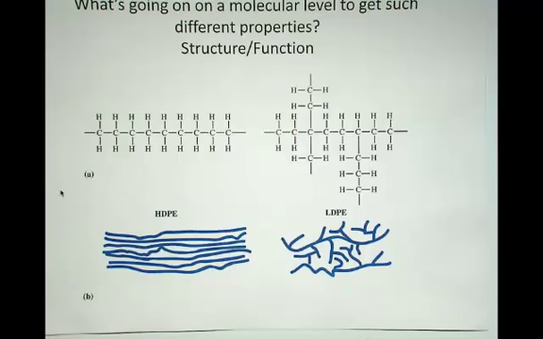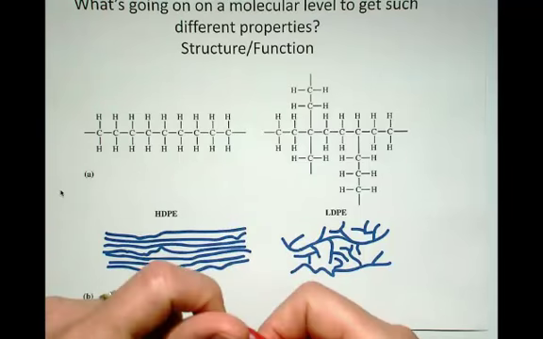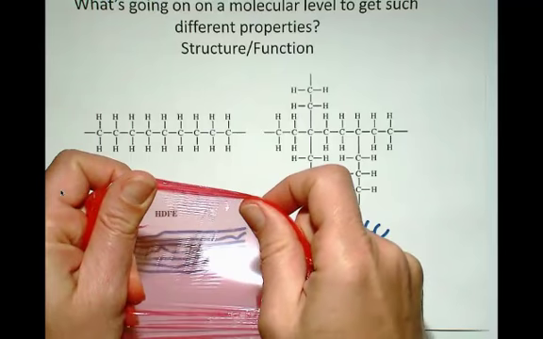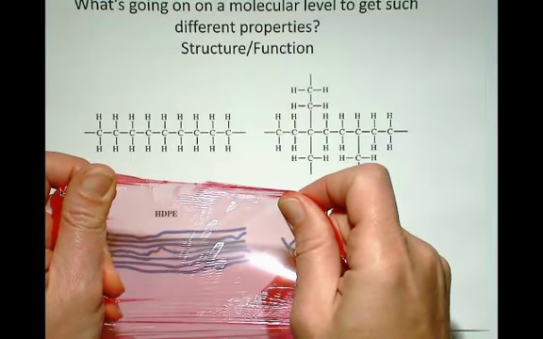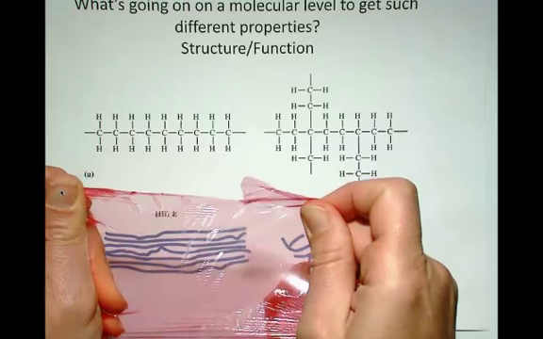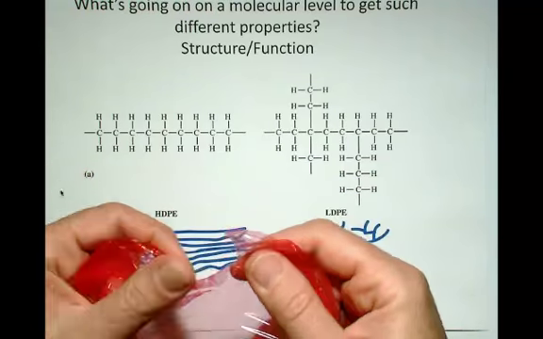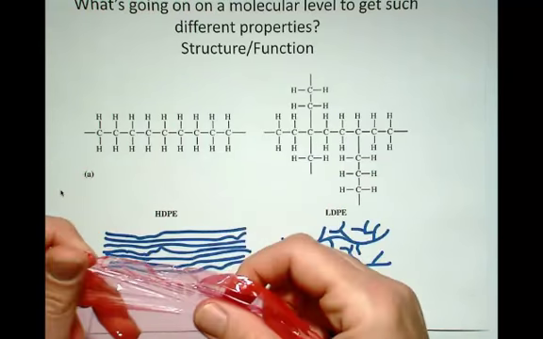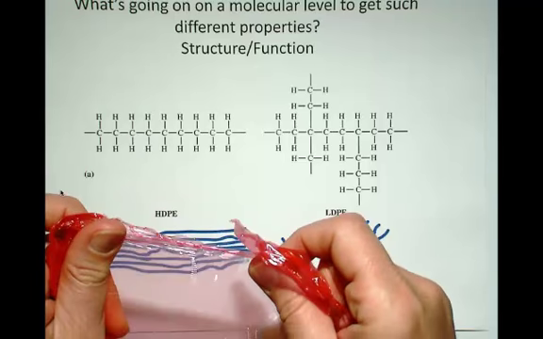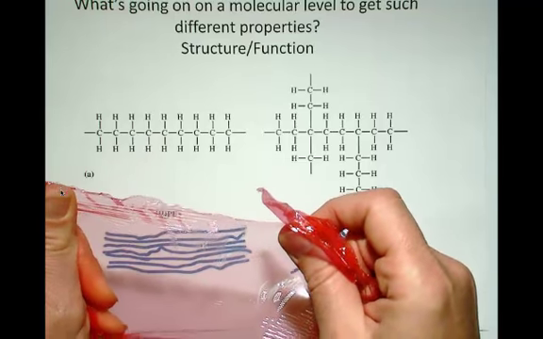That's why I can literally pull on this polymer, because what I'm doing is pulling the polymers, sliding them past each other. Eventually it will break. You'll just pull it such that the polymers are pulling away from each other, and you can literally break it.